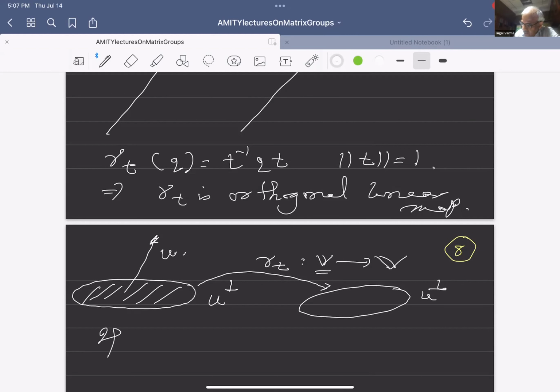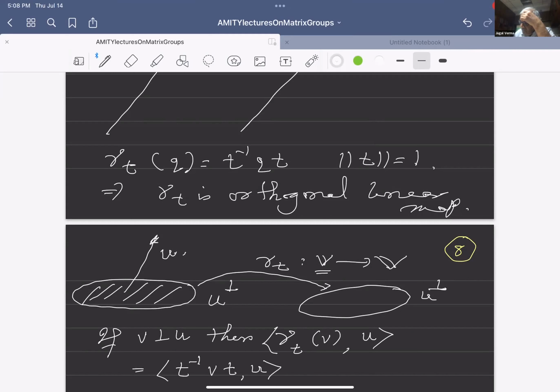So if V is perpendicular to u, then I want to show that gamma t of V is also perpendicular to u. This should also be 0, but this is equal to T inverse V T dotted with U.